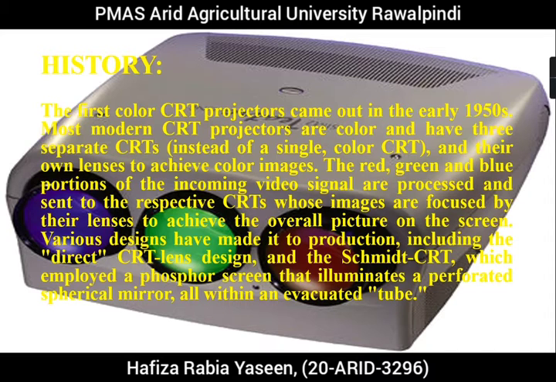The red, green, and blue portions of the incoming video signal are processed and sent to the respective CRTs, whose images are focused by their lenses to achieve the overall picture on the screen. Various designs have made it to production, including the direct CRT lens design and the schmidt CRT, which employed a phosphor screen that illuminates a perforated spherical mirror all within an evacuated tube.